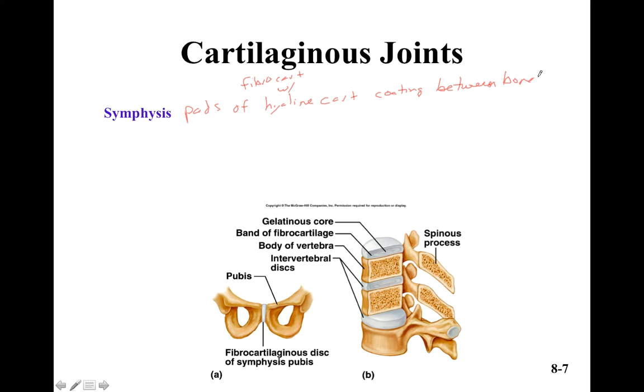Okay, so just to clarify that. So the symphysis joints are pads of fibrocartilage with a hyaline cartilage coating them between the bones.